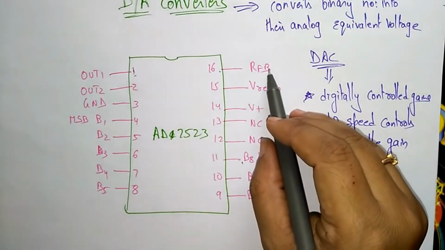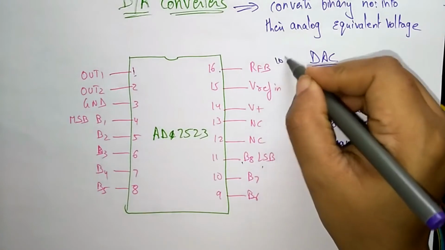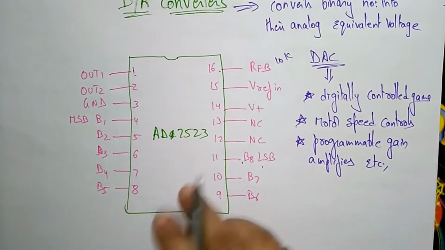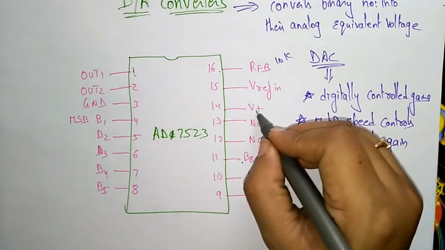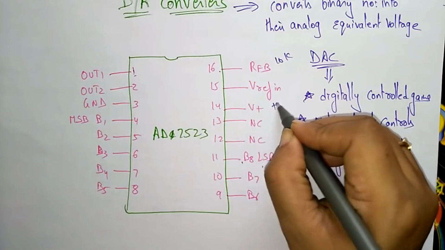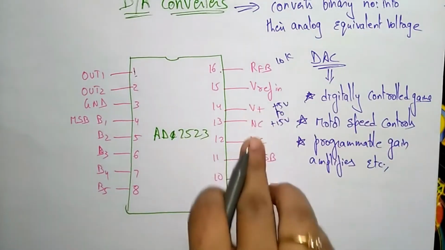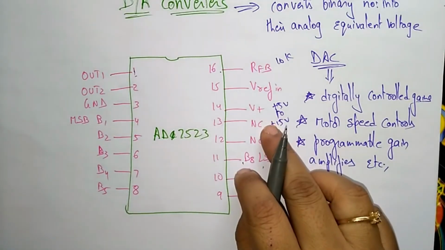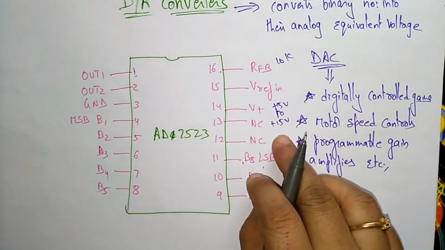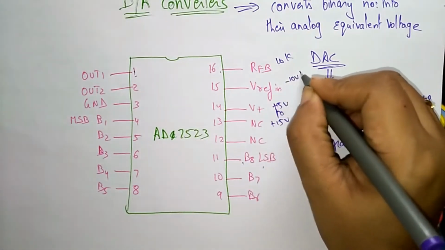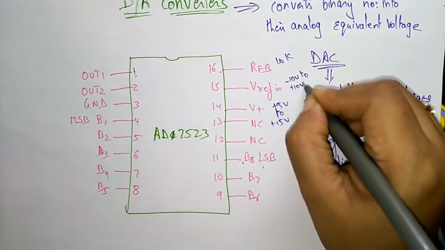Here we are giving RFB, a 10 kilo-ohm resistor, for digital to analog conversion. The power supply needed at V plus is plus 5 volts to plus 15 volts.